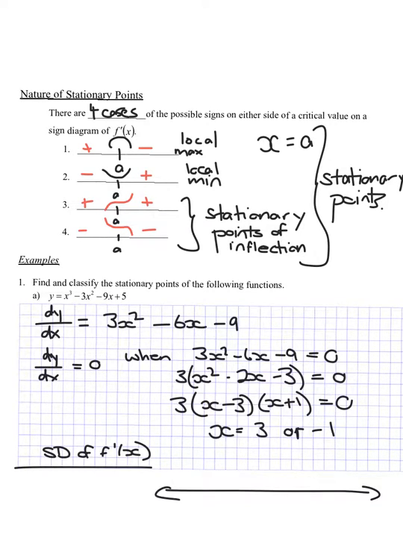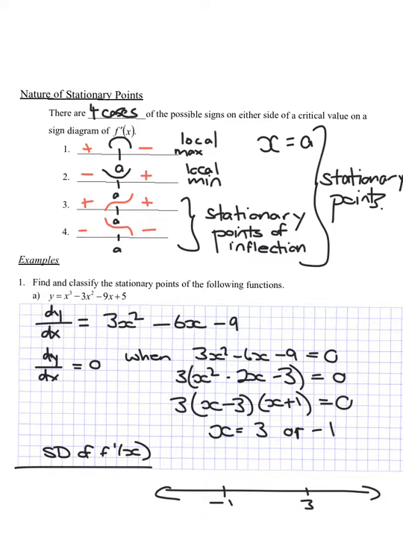Remember, when you do a sign diagram, you plot the points where the function is 0. So we're going to put negative 1 and 3. Now, whenever you've got a sign diagram, all you have to do is put a number that's less than negative 1, and greater than negative 1, into your f dash of x and work out whether it's positive or negative.